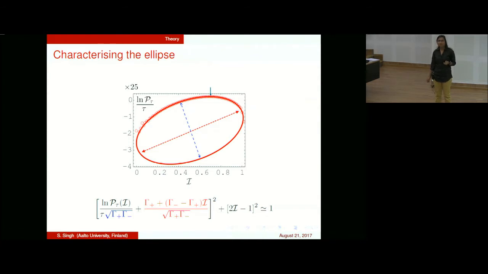If we look at this one, we see that the width of the ellipse is defined by this product of gammas, and the position of the ellipse, the y0, x0 coordinate, is defined by a combination of gammas. And then the tilt is defined by the gamma ratio.